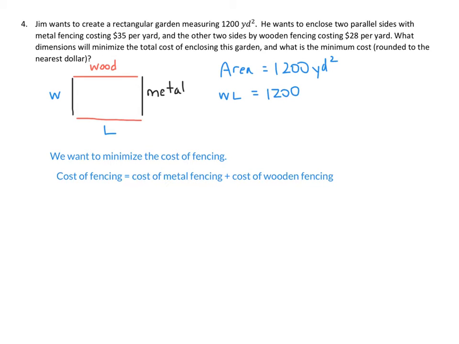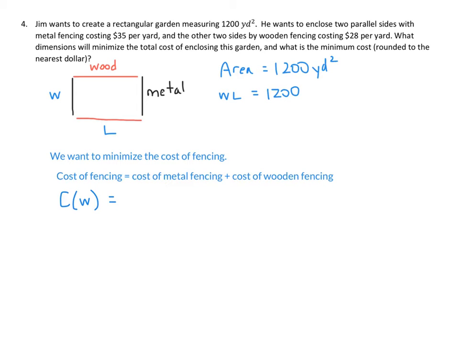I'm going to let C represent our cost function, and I need to write this in terms of one variable, either W or L. It doesn't matter which, so I'm going to go with W, the width of the rectangle.